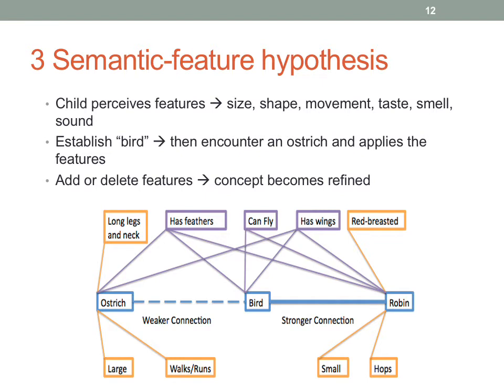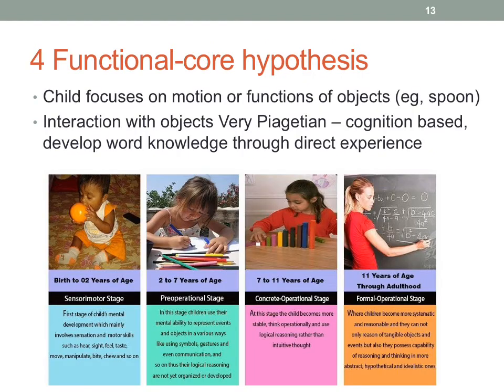And so we have to expand and refine the entire concept of bird when new words are introduced. In this hypothesis, it's the semantic features, all of the features of the entity, that they are using to add depth of word meaning.